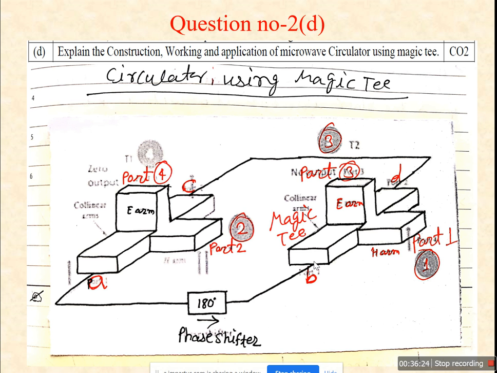So it sends all the power to port 3. This is the property of the E arm. So all the power goes to port 3, but there is no power at port 1.